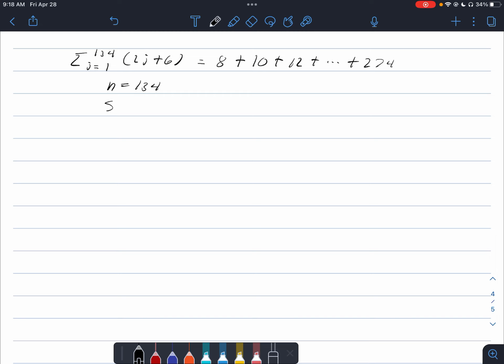S134 is going to be equal to 134 times 8 plus 274, where a1 is 8 and a134 is 274, and we divide that by 2. If you plug that in, you'll get 18,894. So that is a quick introduction for how to deal with summing the first n terms of an arithmetic sequence.